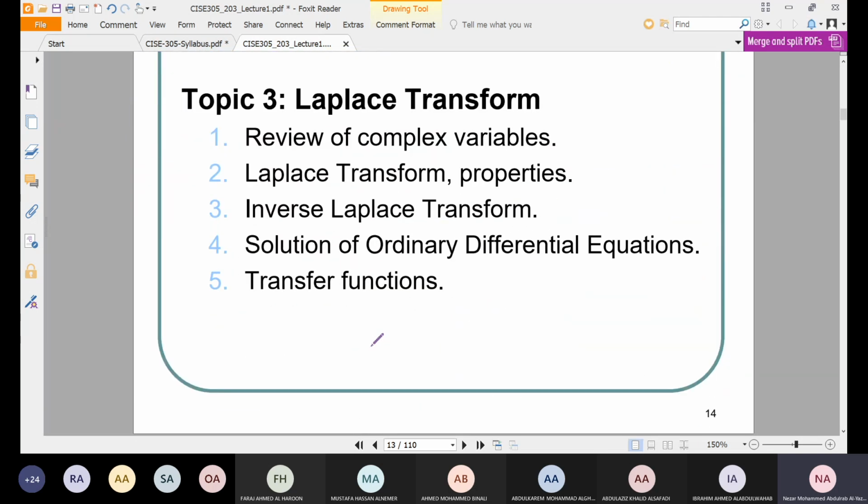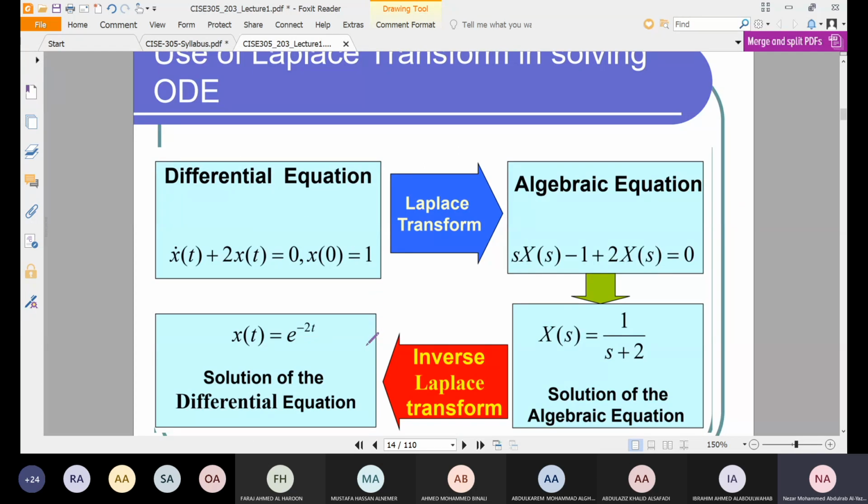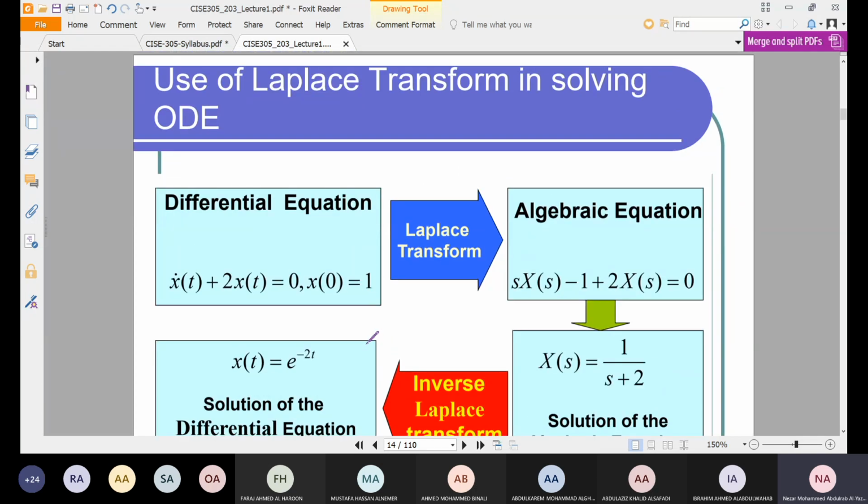So here we will use Laplace transform. What's the Laplace transform? Laplace transform is just a tool that helps us solve the problem in 2 steps by converting the differential equation from the time domain to the frequency domain.